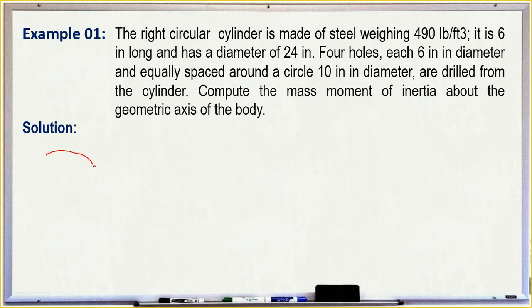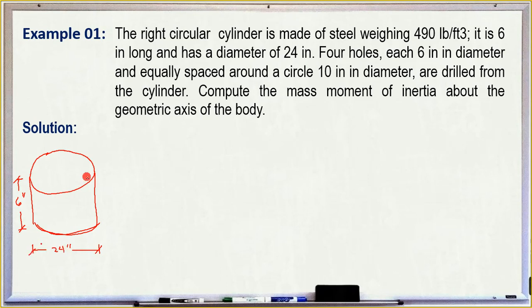So this is our right circular cylinder. It has a height of 6 inches, and its diameter is 24 inches.